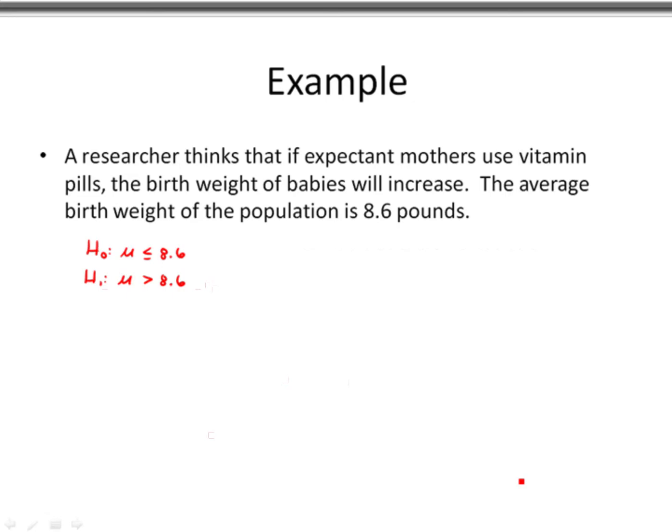Step two then is to draw the curve, and we are going to base this hypothesis testing on a standard normal distribution curve like we looked at in the last chapter, and determine how to shade, and then determine what we call the critical value.